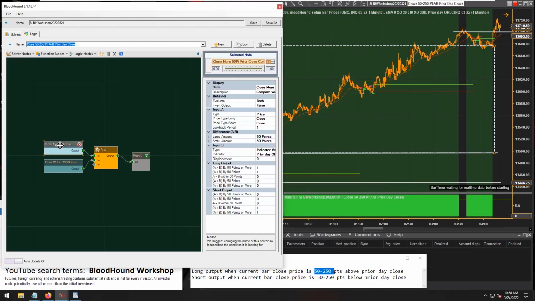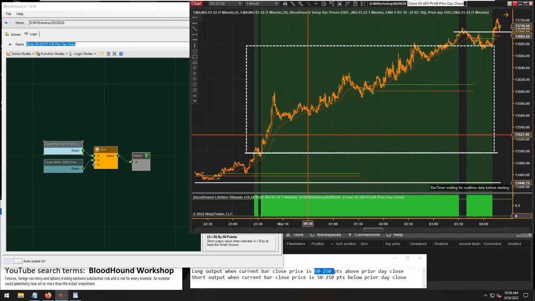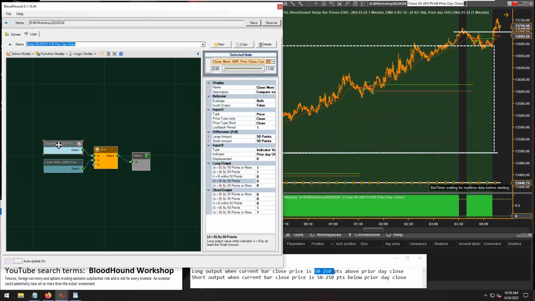You need one comparison solver that sets up the smaller range, the minimum range, and the solver that sets up the minimum range is the one that also determines the long output or the short output. So we can see that when the market is above the prior close, we're getting that long output, and that's determined by the comparison solver that sets up the minimum range.